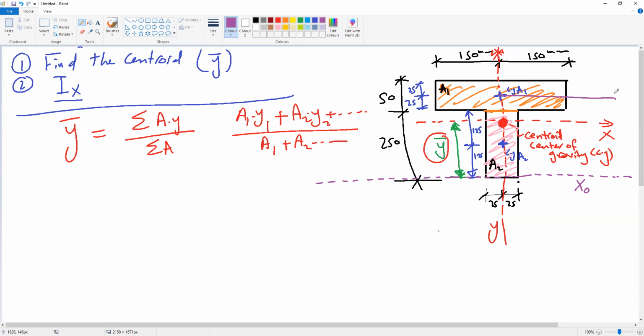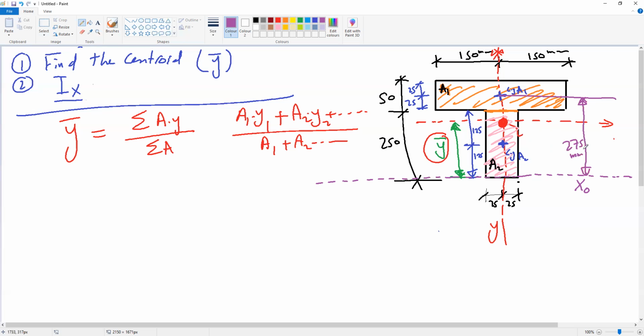Because we know the distance here, just remove this part. Okay, so we know the distance from the centroid of area 1 to this axis. How do you know how much? We have 250 plus 25, so it will be 275 millimeter.